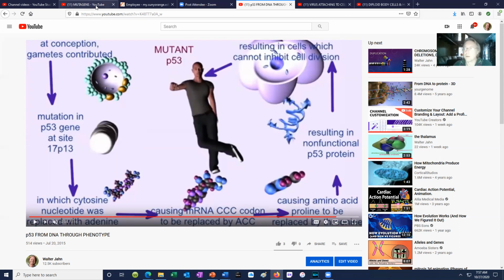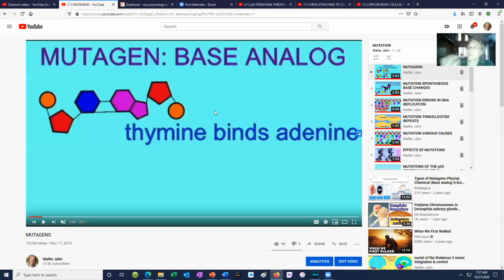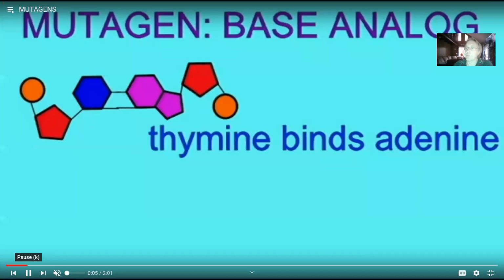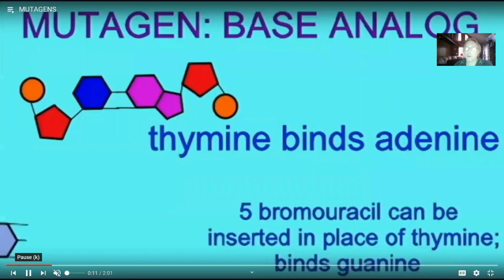So what are the causes of mutations? Well, there are a lot. I'm just going to run through a whole series of ways that mutations can be caused, in no particular order. They can be caused by environmental substances, what are called mutagens.